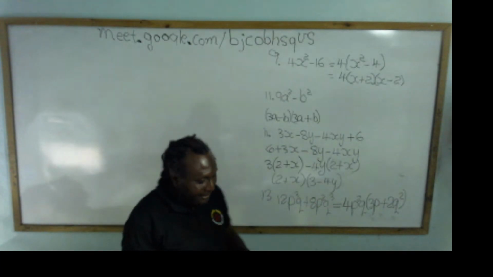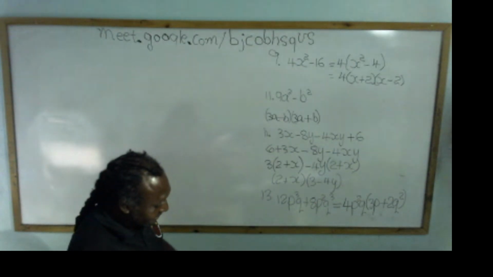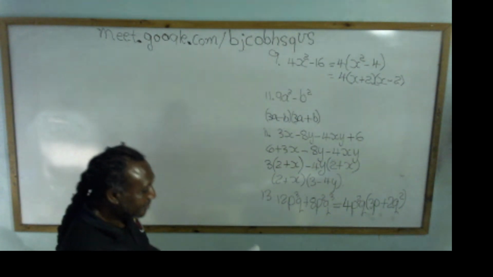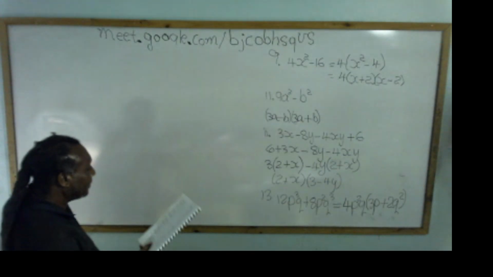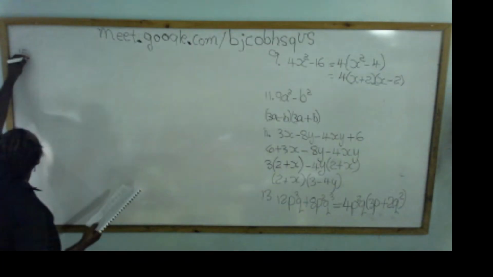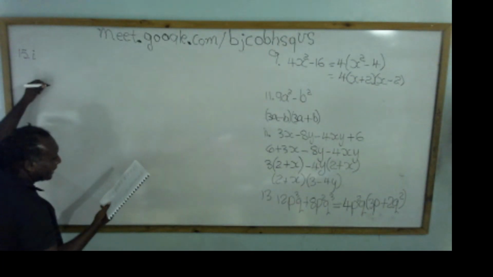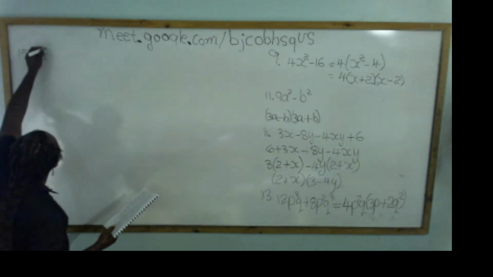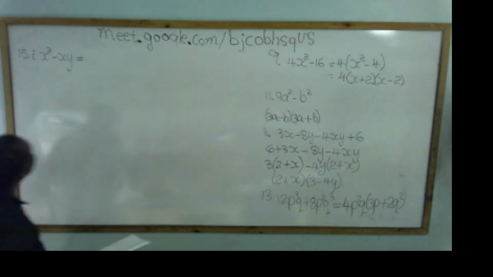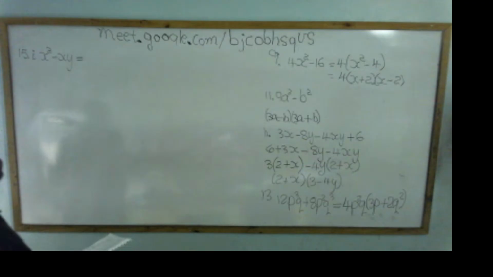So, let us move merrily to number 15. Number 15 is nice. So the first one is to factorize for number 15, x squared minus xy.